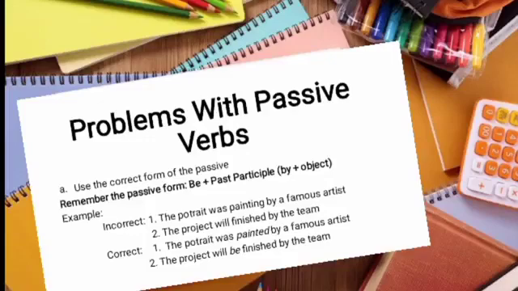Let's remember again the form: be, past participle, by, object. Here there is no be. So in this sentence, it lacks be. It should be the project will be finished by the team.